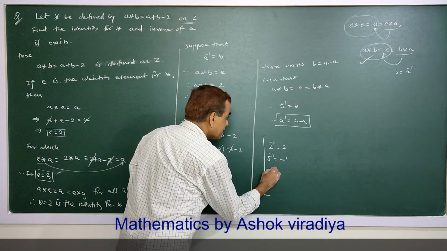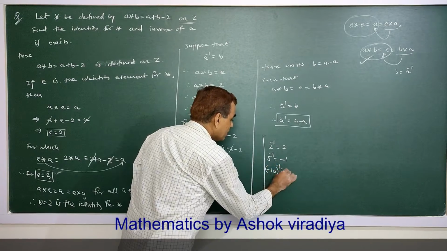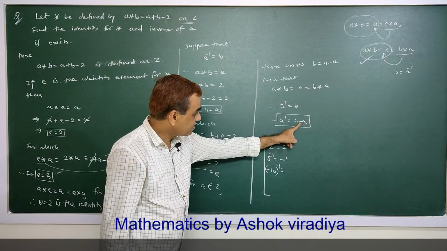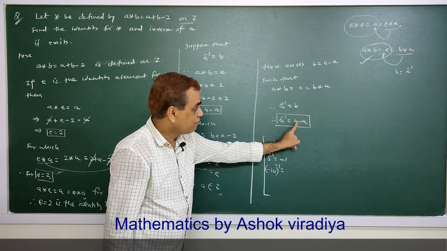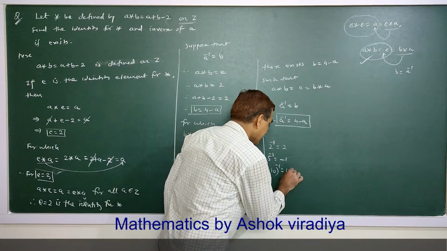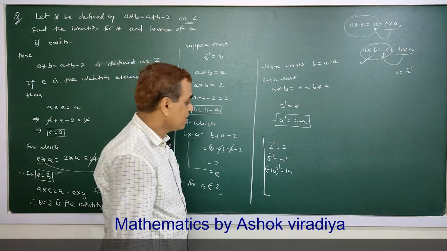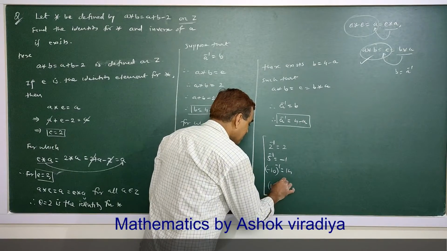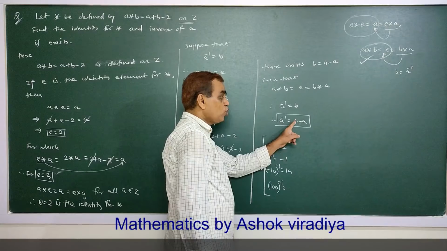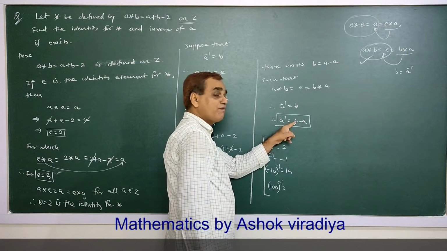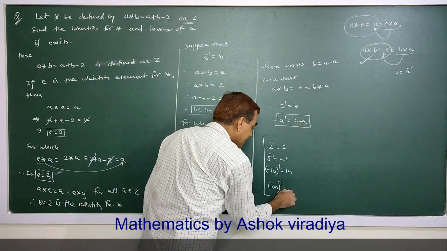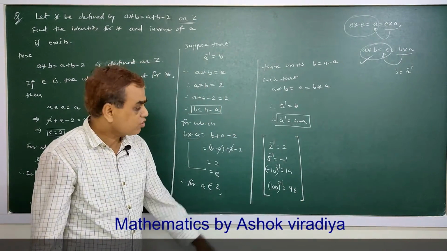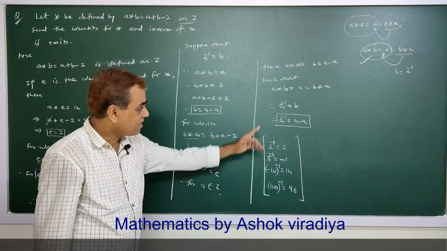If I take minus 10, minus 10 inverse is 4 minus minus 10, which is 14. For any number belonging to Z, its inverse is obtained by subtracting this number from 4. So 4 minus 100 is minus 96. So the inverse of any number can be found by this formula.